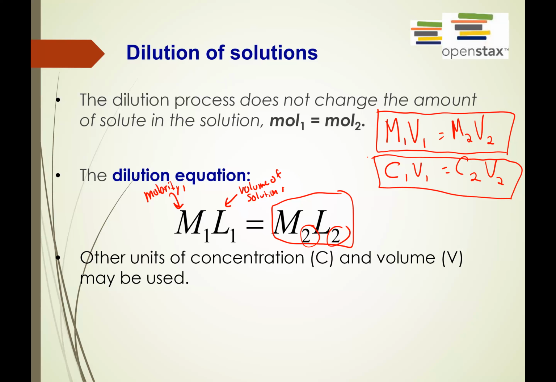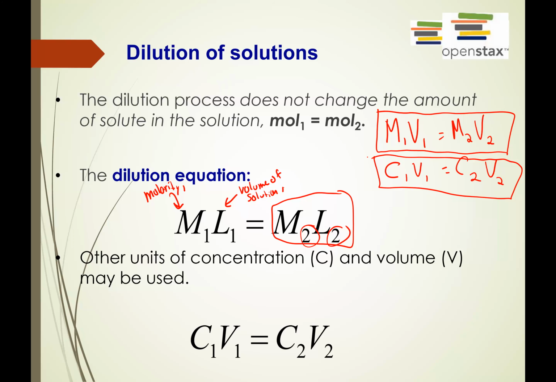They are exactly the same because molarity is concentration. So don't freak out if you're wondering, why is there a C? Why is there an M? M is C because molarity means concentration. You're going to see these both ways, and I have both of these here so you can see them. And liters and volume are also the same thing. It's just the amount of the solution.